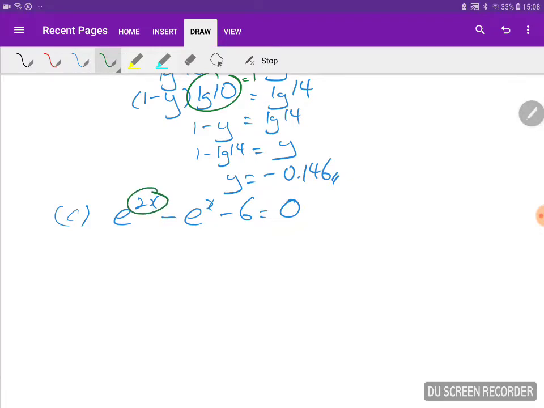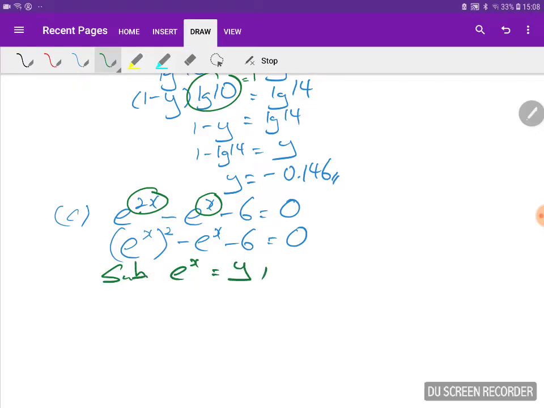You look at this power, this is 2x, this is x. If I were to write e to the power 2x as e to the power x, squared, you can see that I can actually solve it by substitution. So substitute e to the power x equals y.